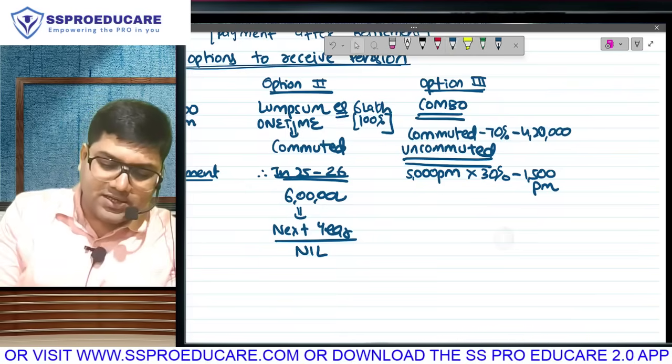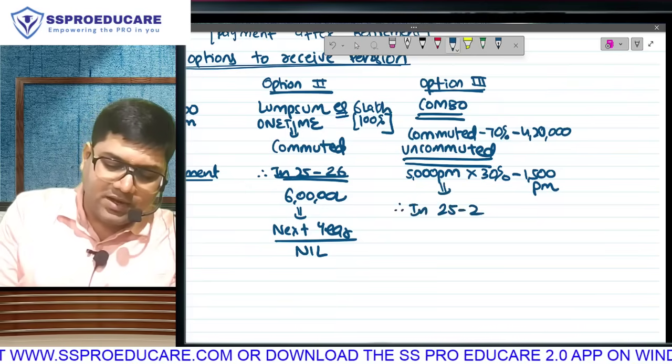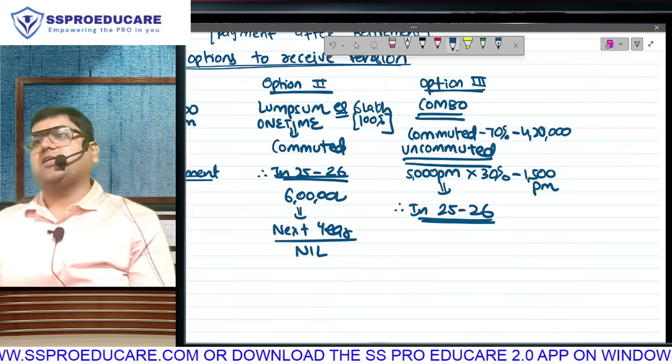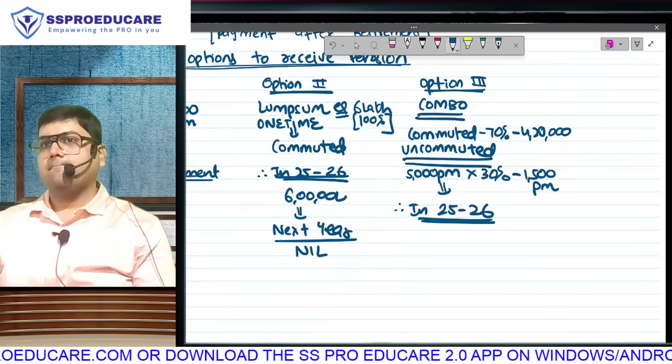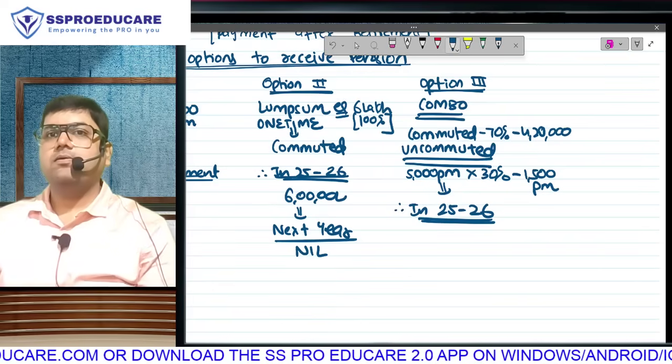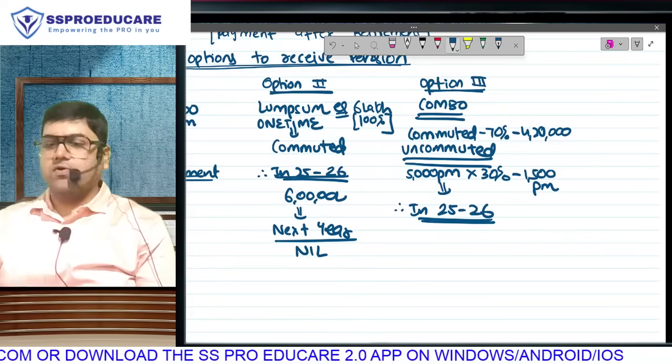If you have really understood, I want to first know from you, can someone calculate for me in 25-26 how much pension I will receive? 420 for 500.